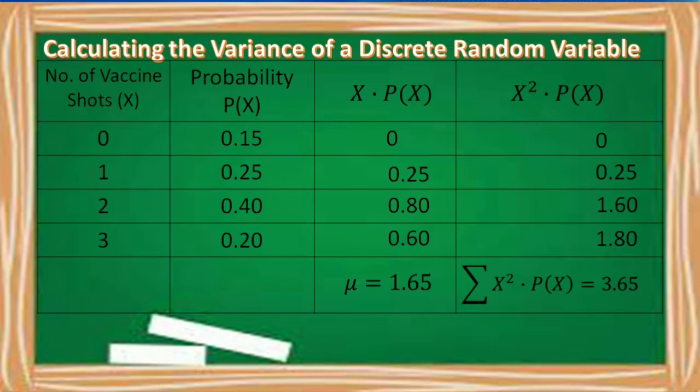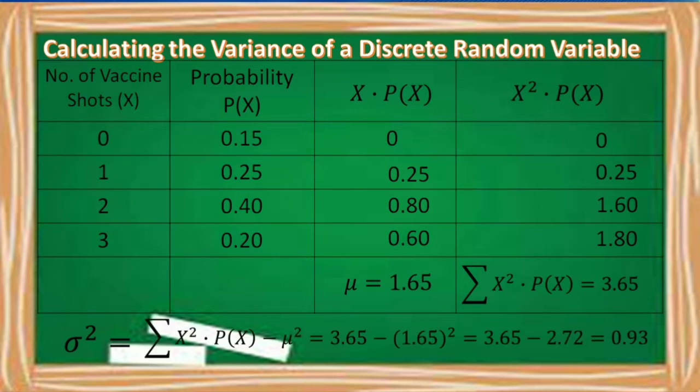Then use the formula for the square of sigma, which is equal to the summation of x squared times p of x minus the square of the mean, which is equal to 3.65 minus the square of the mean, which is 1.65.